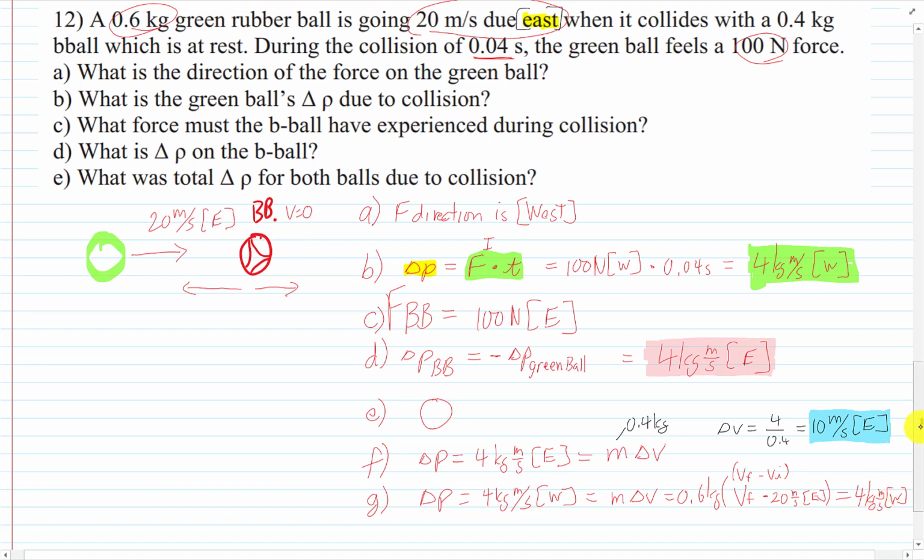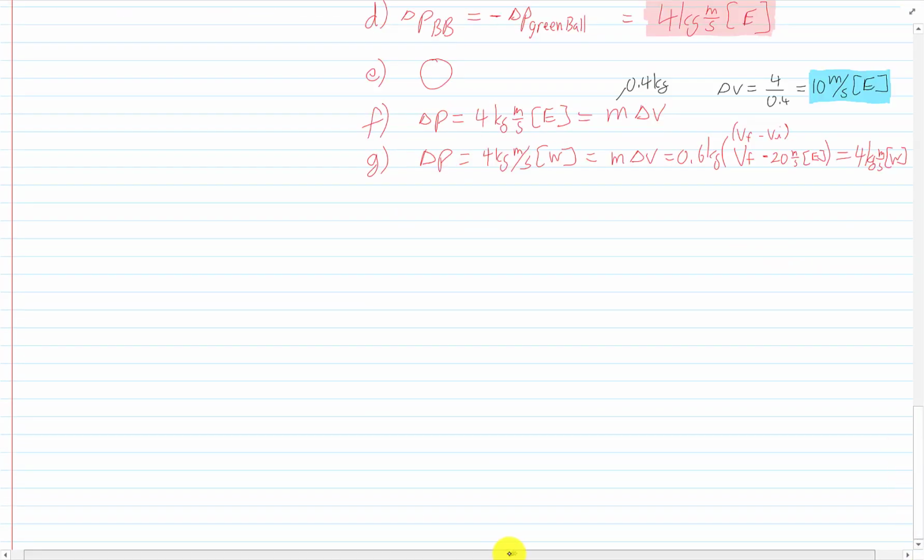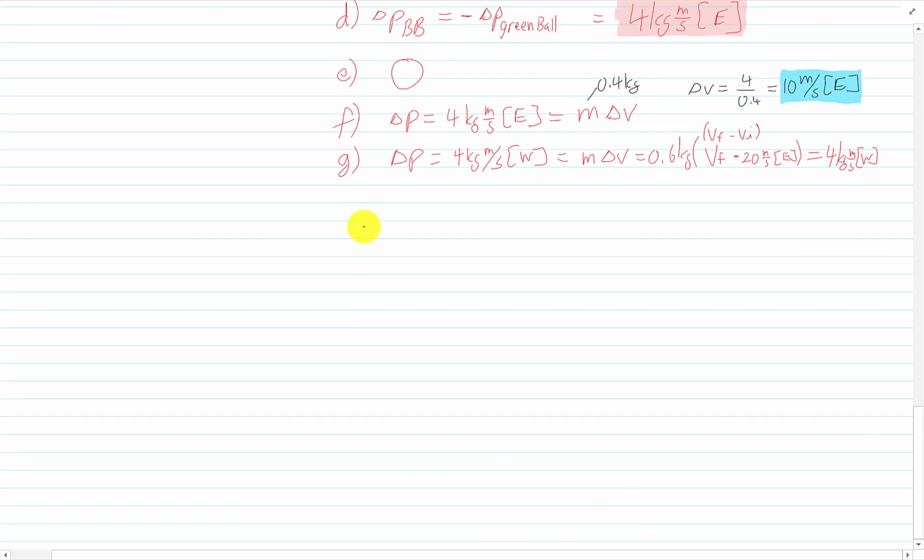Okay, let me just scroll up and give ourselves enough room here to work on it. I'm going to skip the units for now because it's getting confusing, but we can put the units back in a moment. 4 is equal to 0.6 times Vf minus 20. Now it's 20 east, and this is west.